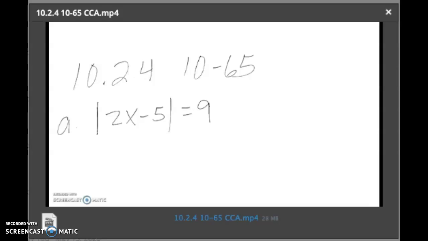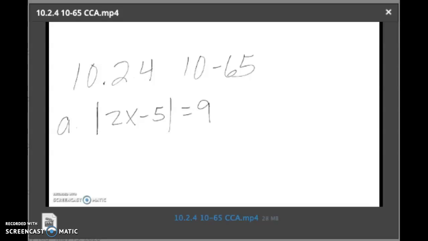equal to 9. So remember, when we're talking about absolute value, we're talking about how far the number that's inside of the absolute value is away from 0 on a number line.